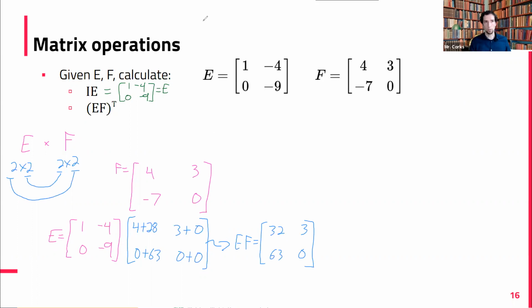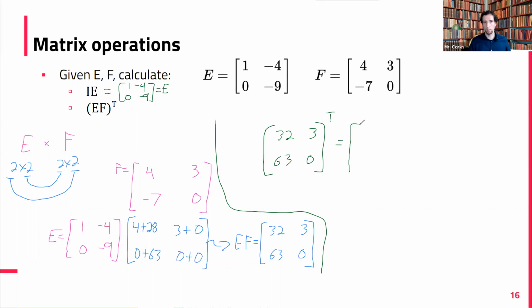We're not done though. This question is asking us to do this and then transpose it. So we should take 32, 3, 63, 0, this matrix, and transpose. And if we do that, what will we get? 32, 63.